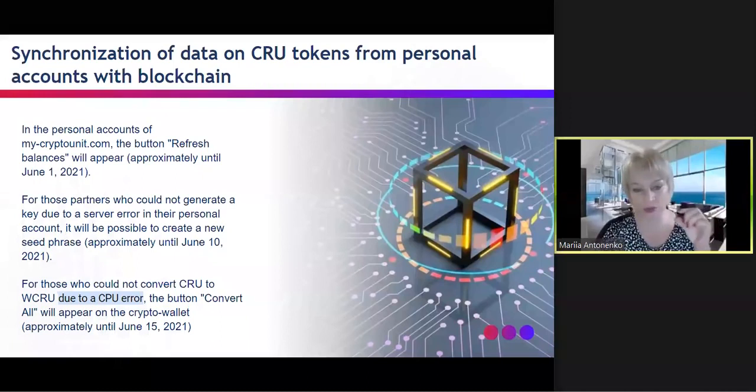So why was there this desynchronization of balances? We all have several packages in our back office, in my Cryptounit back office. Packages that included CRU points accrued under the marketing plan, CRU points accrued with the purchase of EIPs, and there are several such packages. And when the back office sends all those entries to the blockchain, each package individually, there might have been some temporary failures.